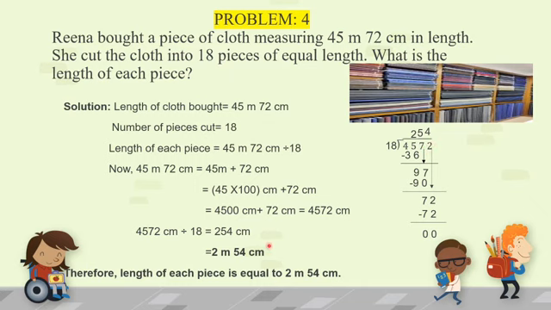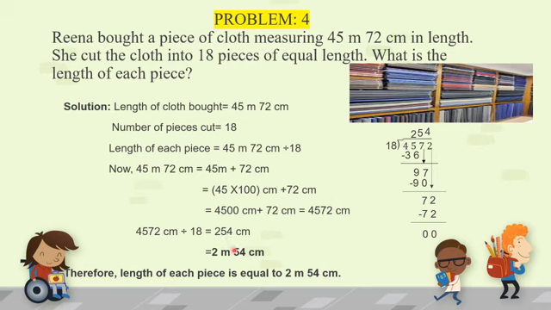We have got the answer 254 centimeters. But our question is not in centimeters, it is in meters and centimeters. So we'll have to represent our answer in meter and centimeter. How many digits are there in centimeter? 2 digits, right? 100, 2 numbers. So we'll represent centimeter in 2 digits, counting 2 numbers from the right, 1, 2.